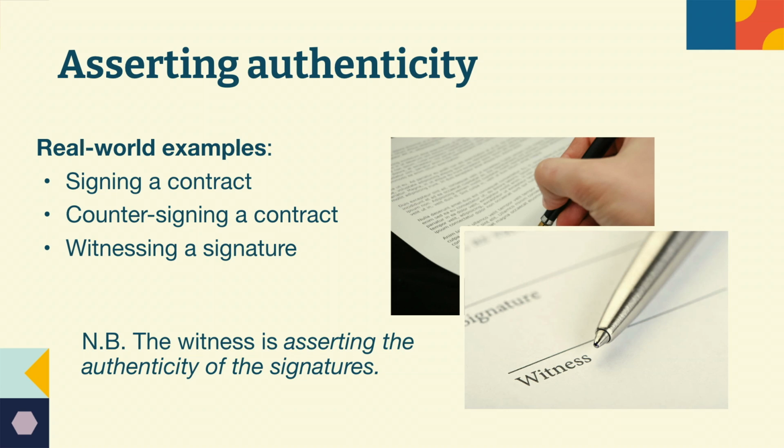All they're doing is saying, I watched the person sign the contract, and I made sure that it is their signature on that contract. And so if one of the parties were to repudiate, were to say, that's not my signature, it's a forgery, the witness can be called in to say, no, I was there, and I can attest to the authenticity of that signature, right? So they would be asserting the authenticity of the signature in that case.